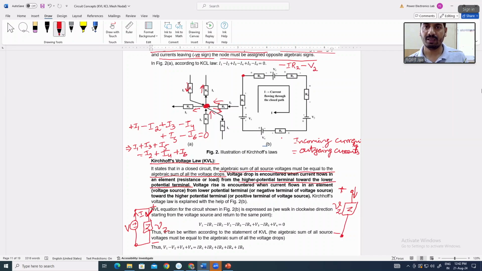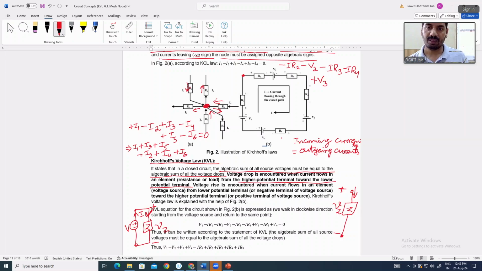Then again we get plus here, minus here: minus I R3. Then again plus minus: minus I R4. Then we get minus and plus, so now it will be a plus sign: plus V3.